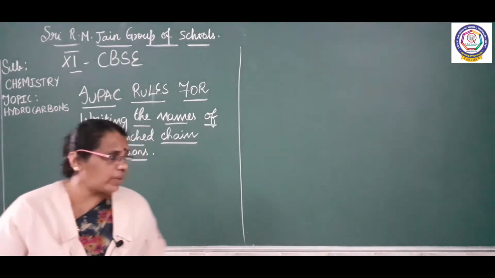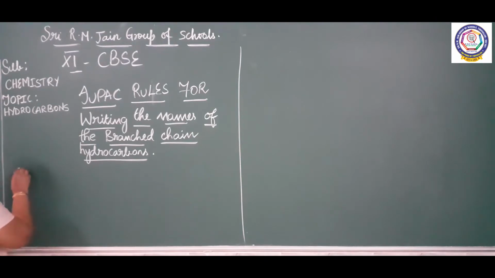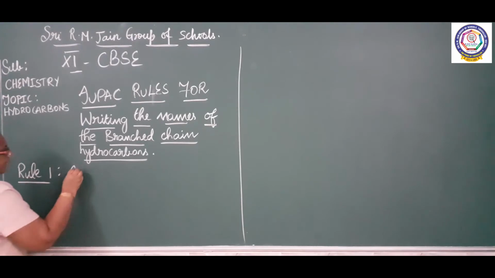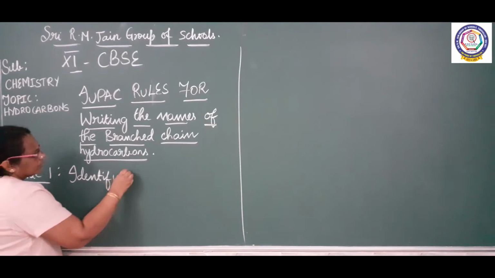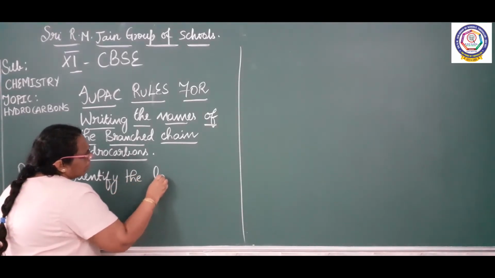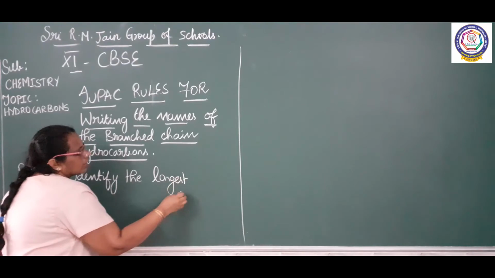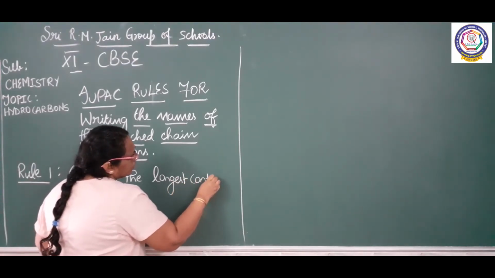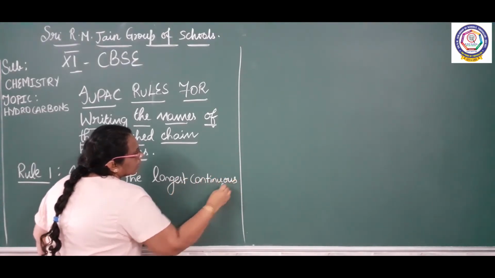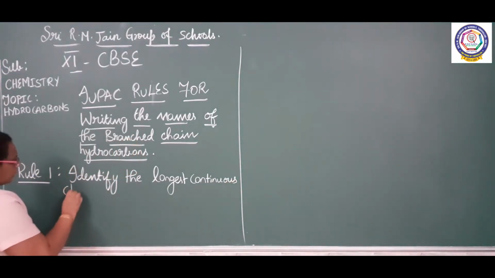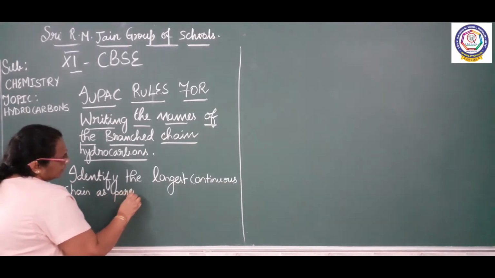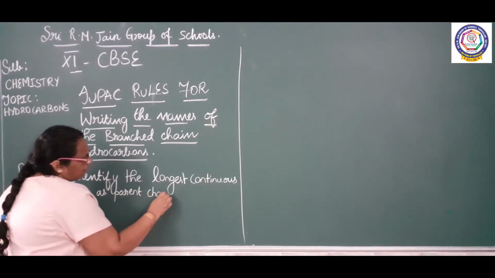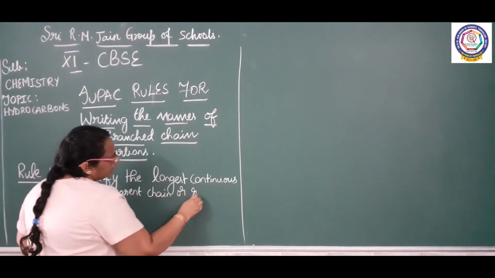Rule number 1. Identify the longest continuous chain as parent chain or root chain.